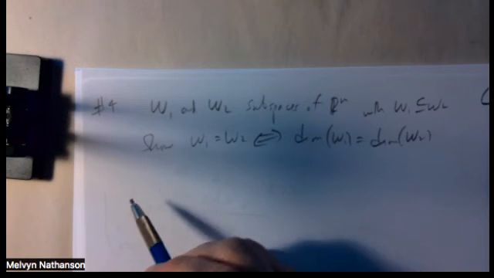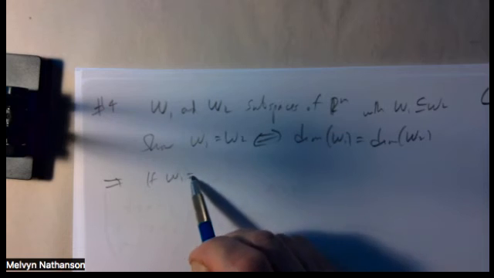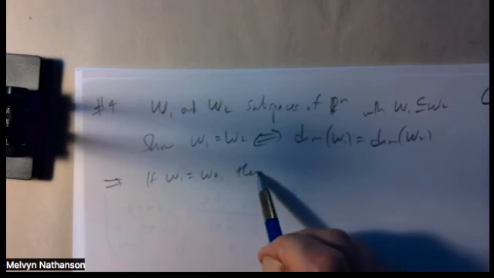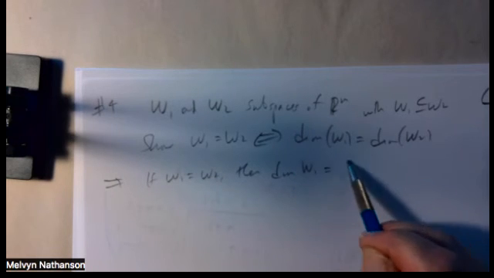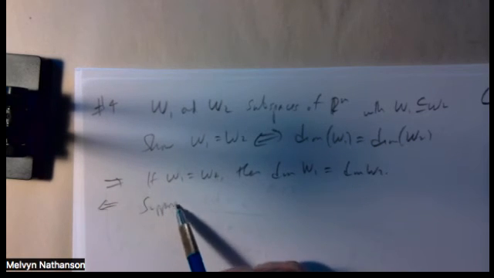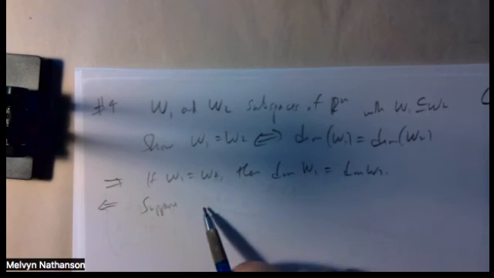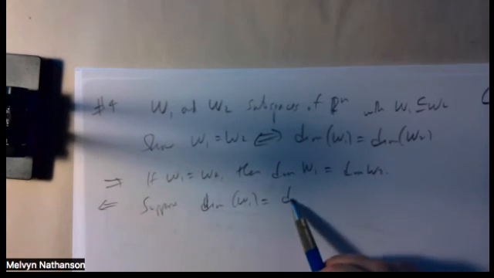Well, of course, in one direction, it's very simple. If W1 equals W2, then of course they have the same dimension, since it's only one space. But suppose we know that the dimension of W1 equals the dimension of W2.